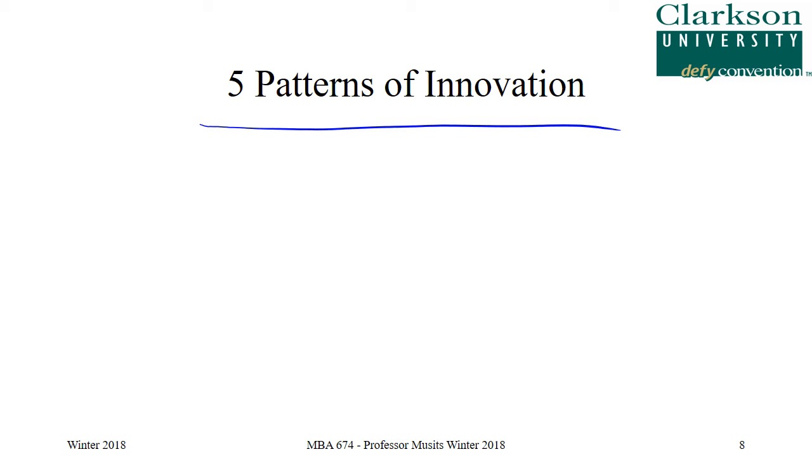There's nothing biblical about these 5 patterns. It's just a piece of research that has been done to characterize them. What I find is that it's helpful for me to think about these things as I'm trying to grow my business, as I'm trying to innovate my products.